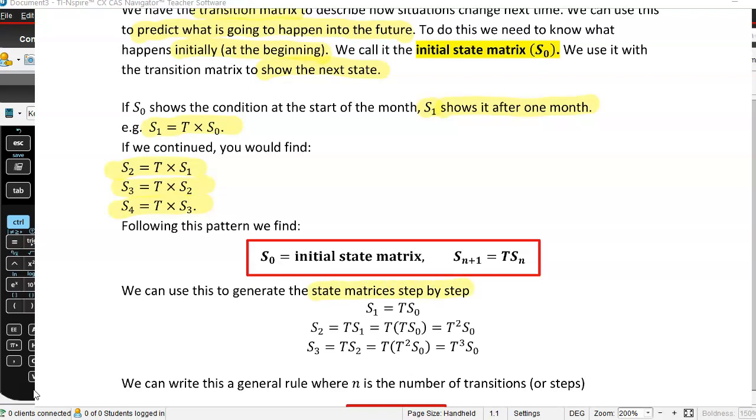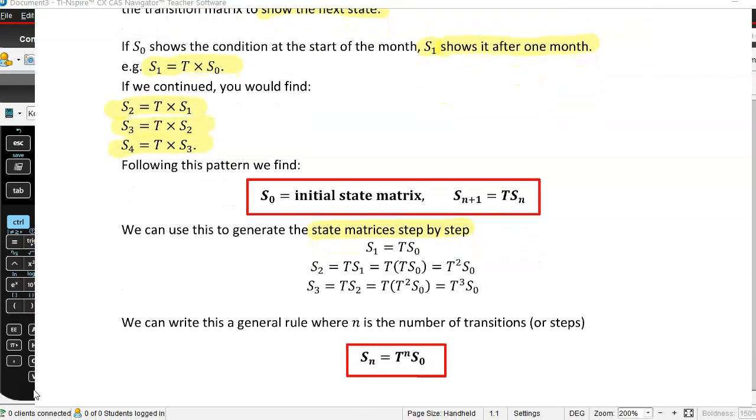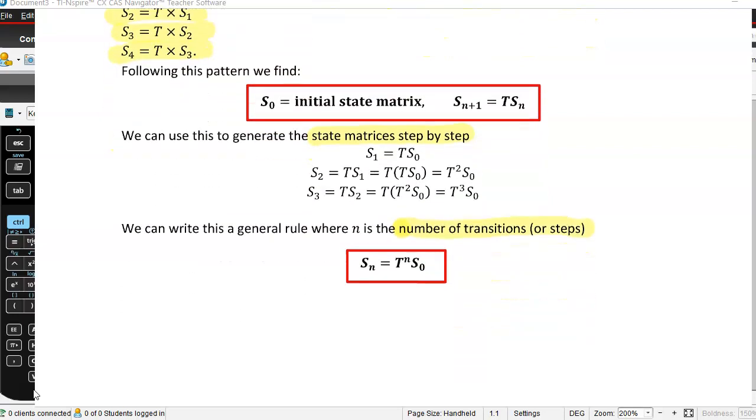You'll again remember this from recursion, where we have the state that we're looking for, Sn. So n is how many steps or states along we have. T to the n, so those n's are going to be the same, times the initial state. So you can see how we've got there, and we can write this general rule where n is the number of transitions or steps, how many states we go through.